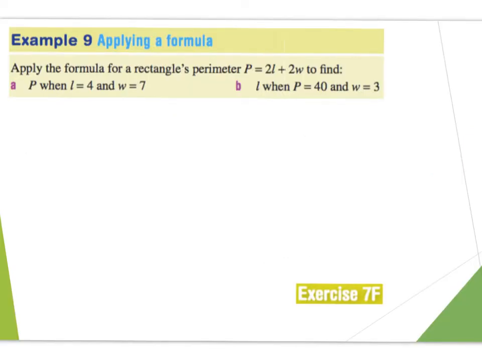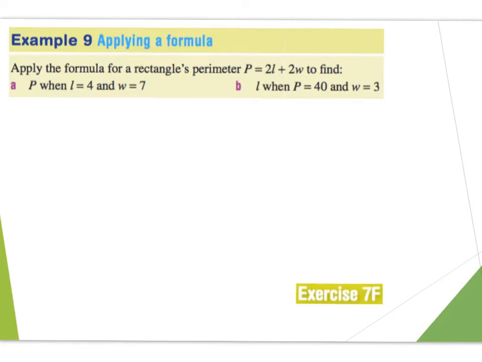In example 9, they ask us to apply a formula. The question reads, apply the formula for a rectangular perimeter, P equals 2L plus 2W, to find P when L has certain values. So we have done this when we did the chapter on measurement. And remember, when we're going to substitute, I would like you to use brackets.